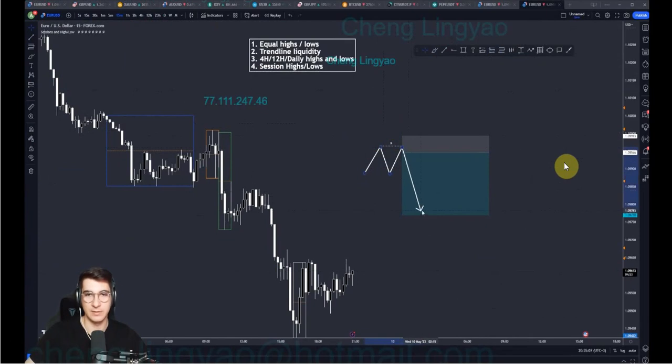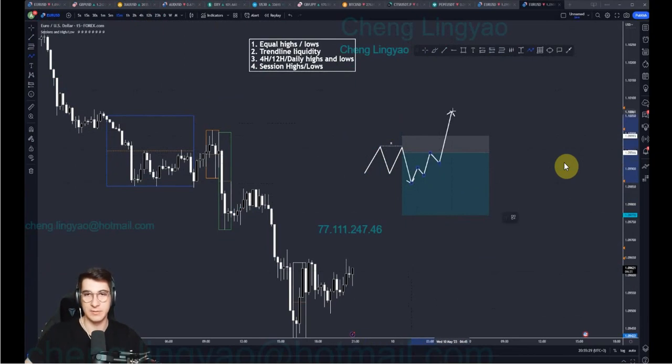So the intended direction is bearish, but because we established equal highs, it's going to give a nice reaction for retail traders to be more interested in taking sells. So when price comes back again, there's more people taking sells here because there's going to be a triple top.